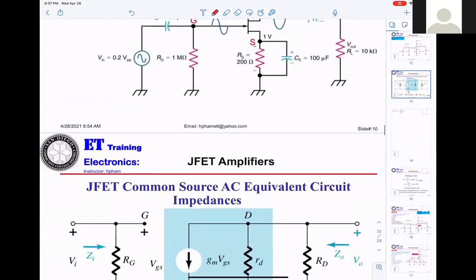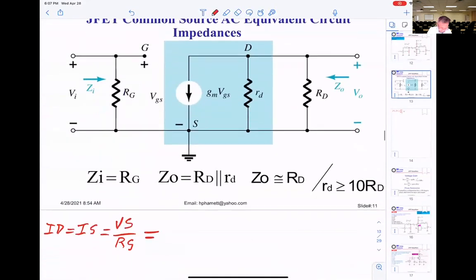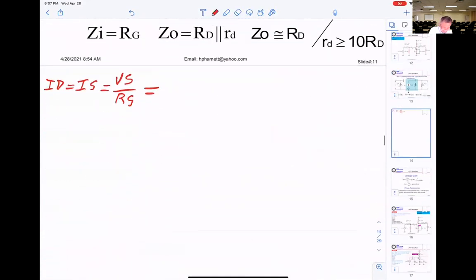I'm looking for the circuit. RS equals 200 ohm, 1 volt. See what you get.